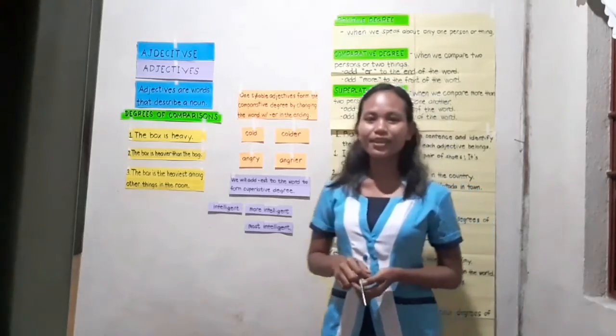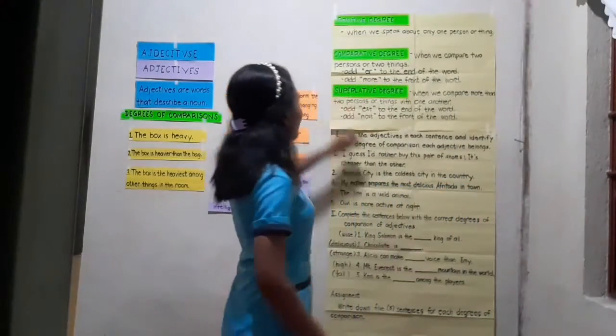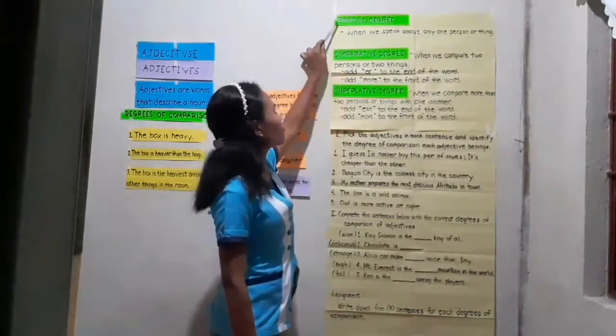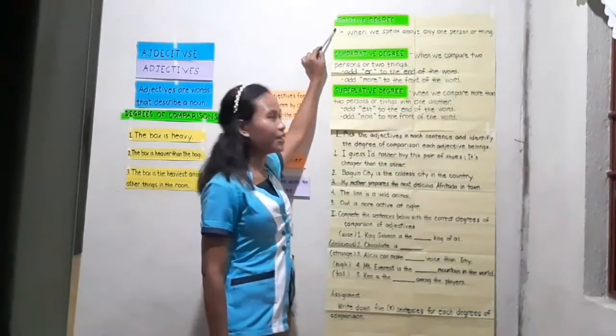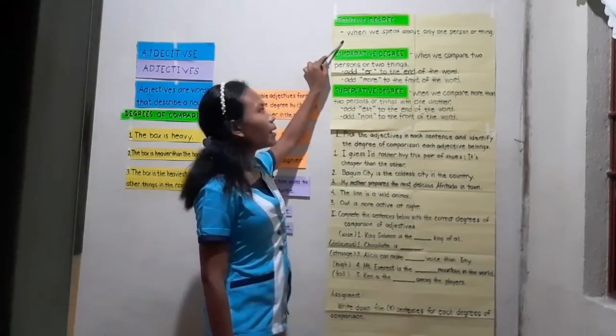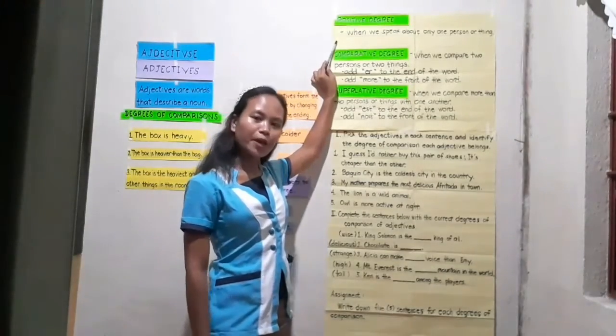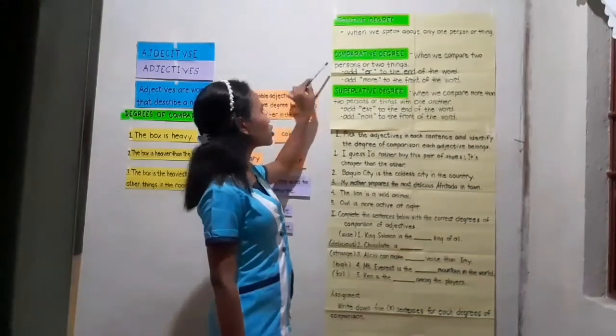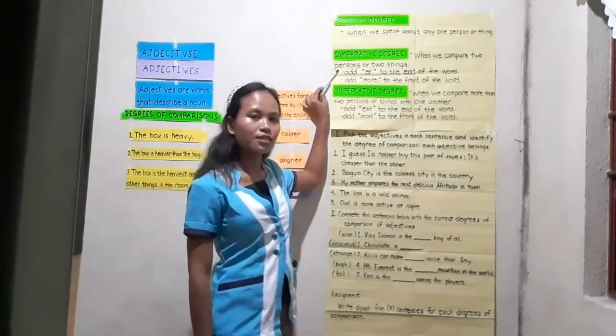Now let's take a look here. Okay, these are the 3 degrees of comparisons. First, we have the positive degree, when we speak about only one person or thing. Now, comparative degree, when we compare 2 persons or 2 things.